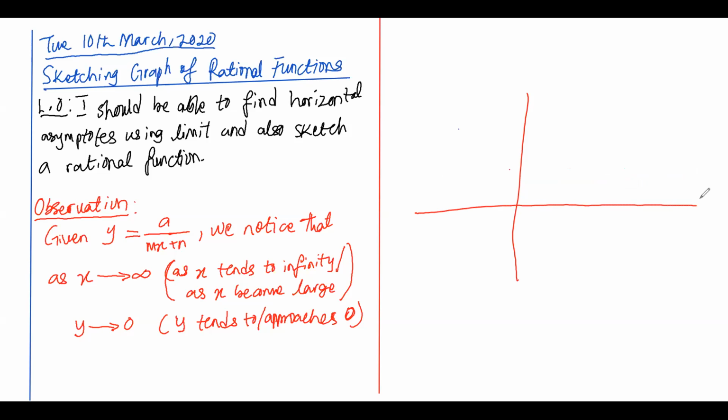So this is my x and y plane. If I have my y asymptote as this, y is equal to some number, and my curve looks like this.